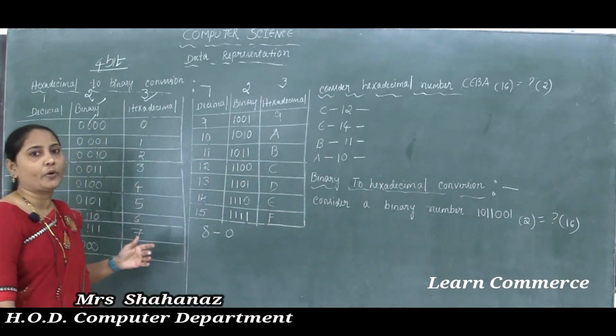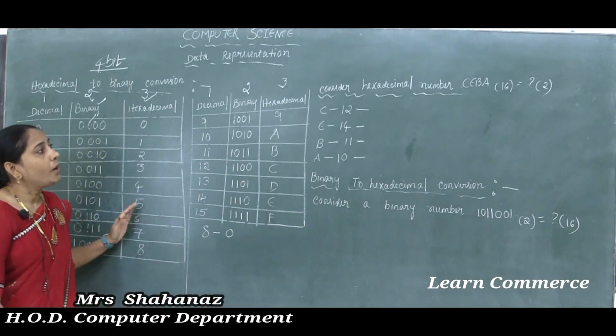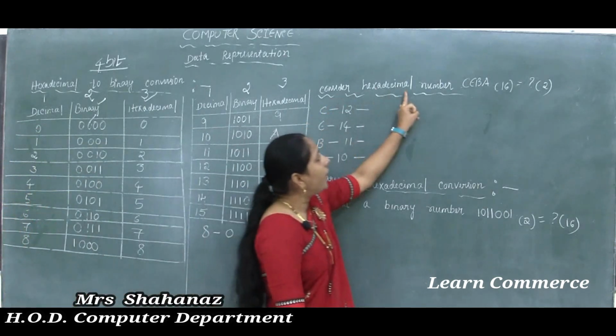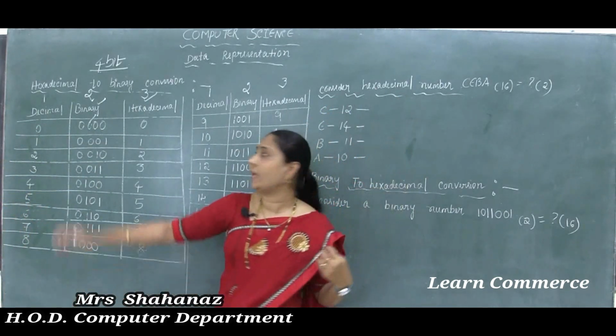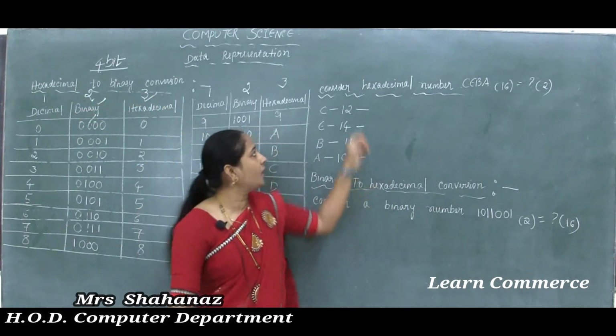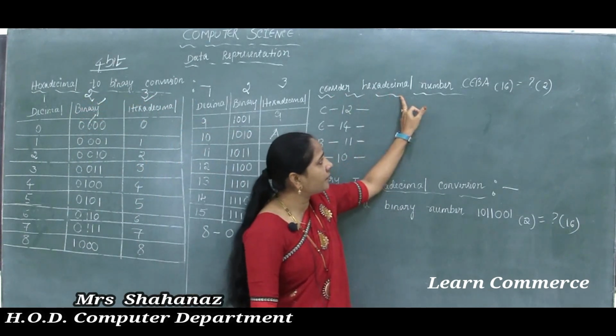Now let's see how I am going to use it in this case. For example, one question: consider a hexadecimal number, as we are in the same conversion, hexadecimal to binary.